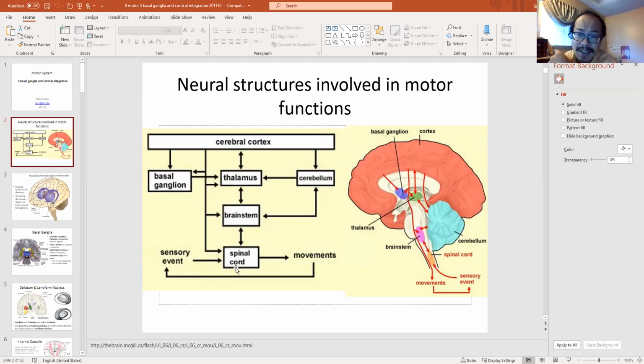And that gives us the idea that in the spinal cord, there are local circuits. There are different reflexes. We only used one as an example, but there are a lot of circuits. An example I commonly talk about is locomotion. It's very amazing that we can walk without thinking.